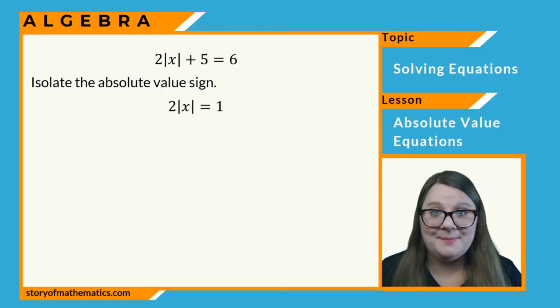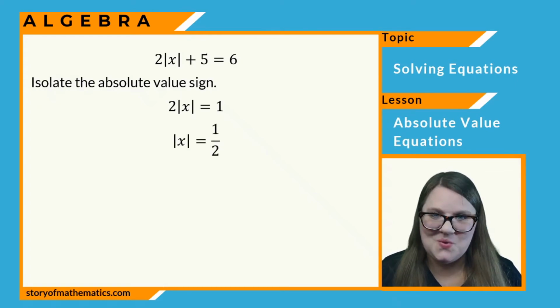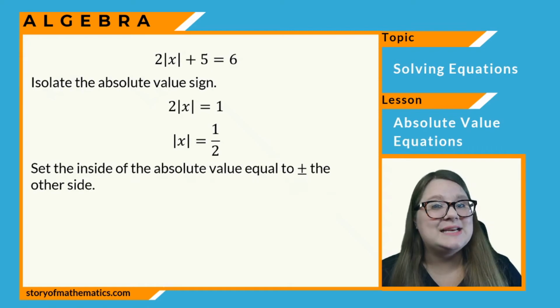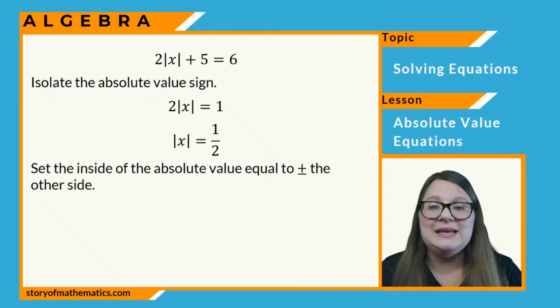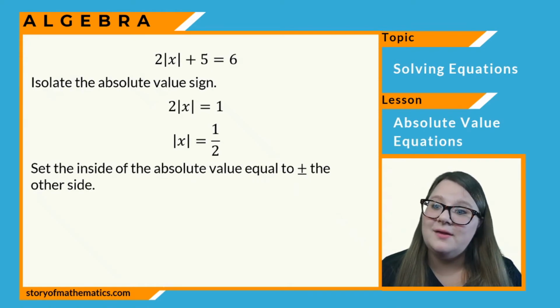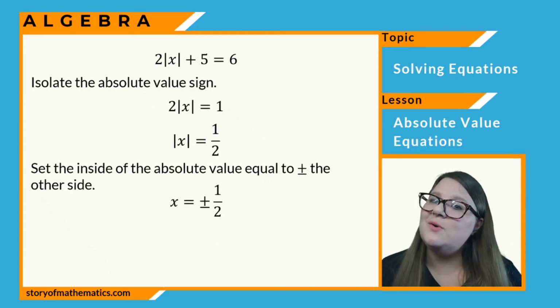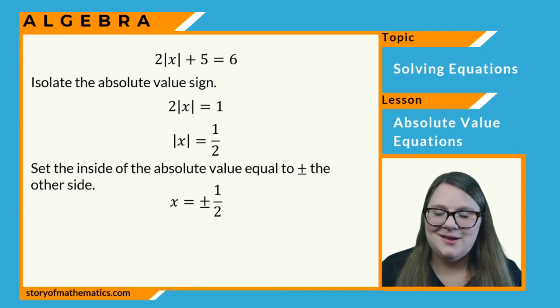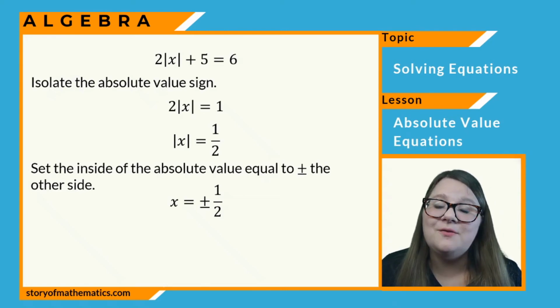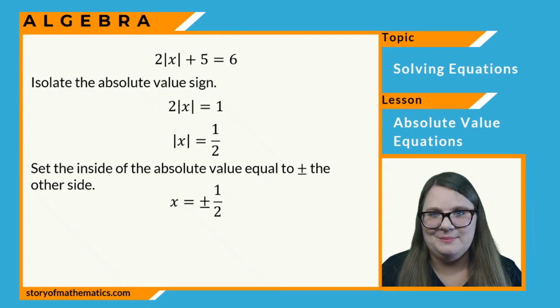Then I need to divide by 2 to get the absolute value of x by itself. That's going to give me the absolute value of x equals 1/2. Now I want to set the inside of the absolute value equal to positive or negative the other side. So in this case, that becomes x equals plus or minus 1/2. Now at this point, x is completely by itself, so I know I can stop for this problem.